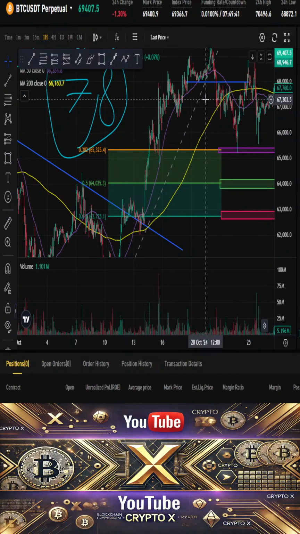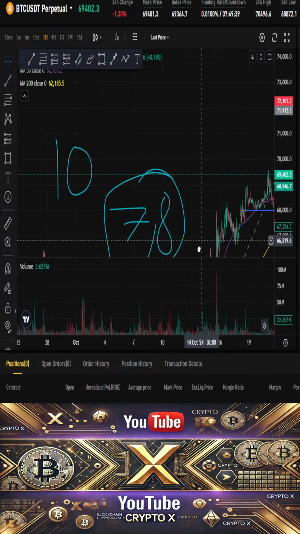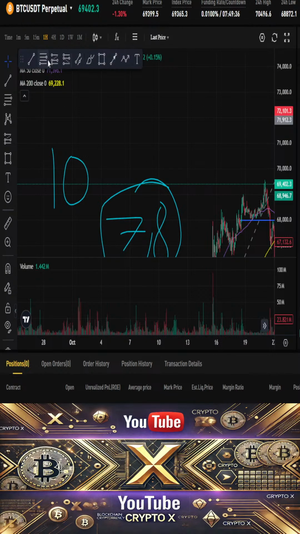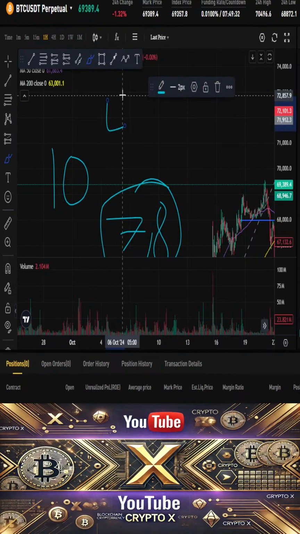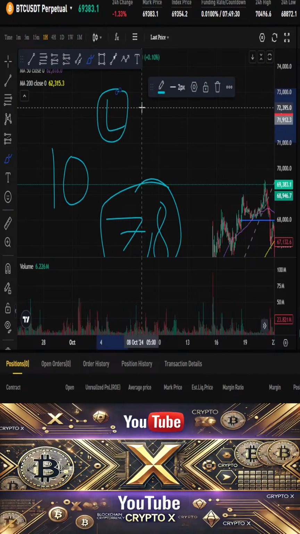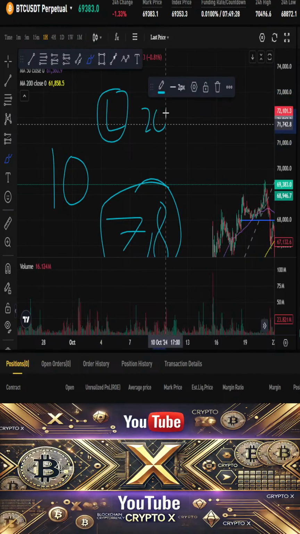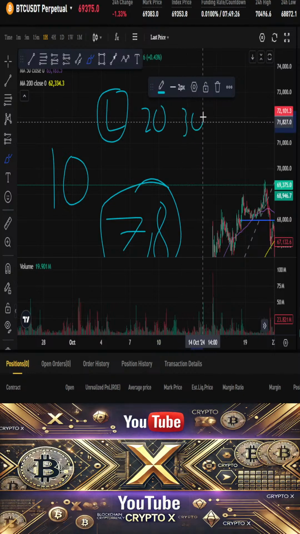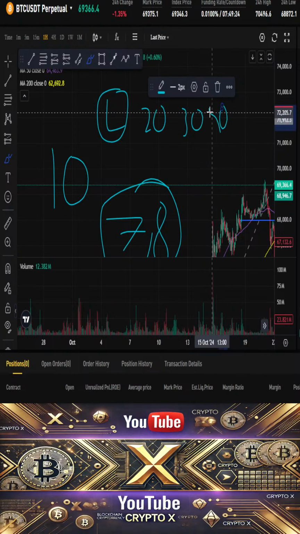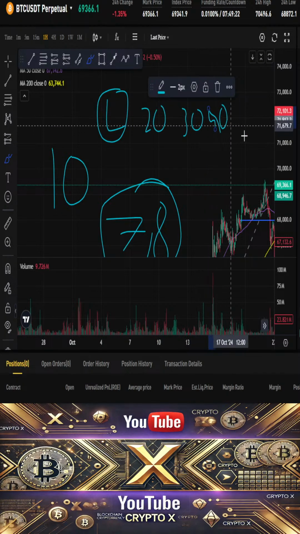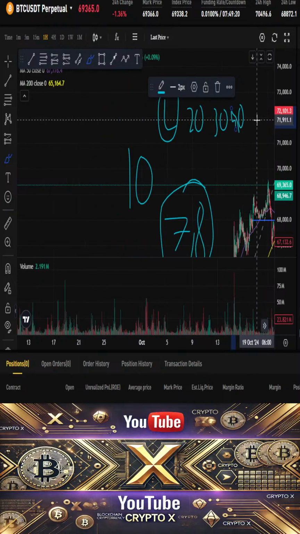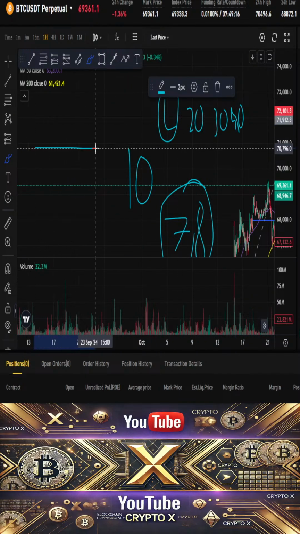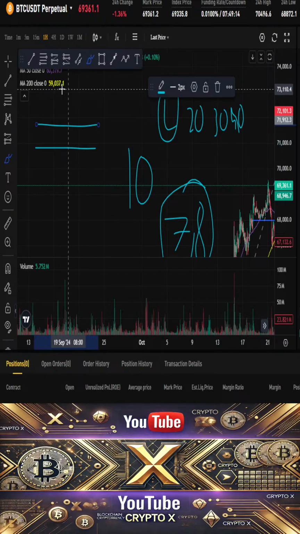So how do I decide if it is going up or down, because it has come down? Firstly, you have to check your leverage, how much you are grabbing. I will grab around 20, 30, 40. Okay. And you have to grab your SL, your entry point, and your target.